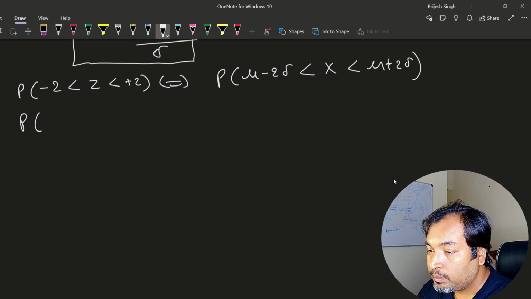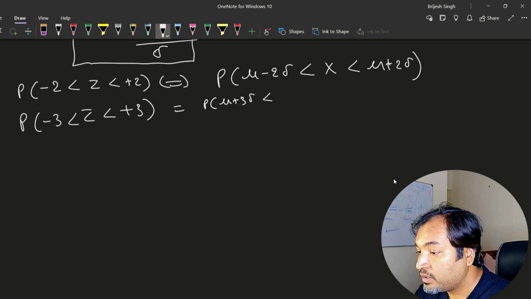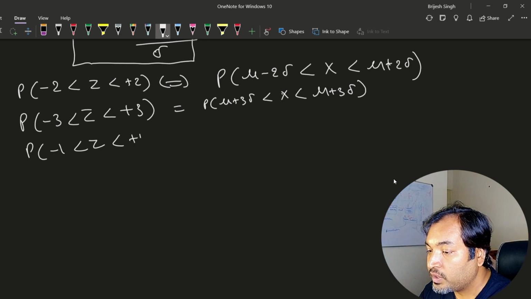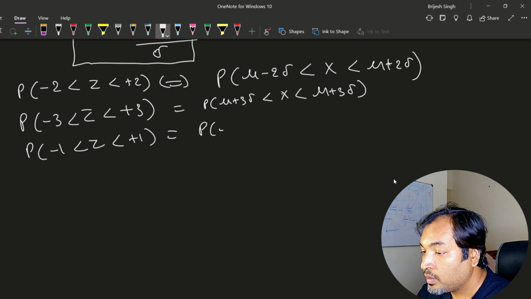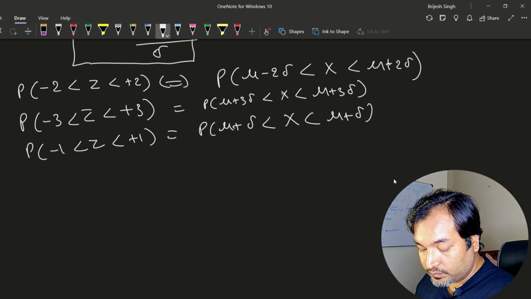Similarly, for p of minus 3 < z < plus 3, we will get p of mu minus 3 eta < x < mu plus 3 eta, right? Similarly, for p of -1 < z < plus 1, mu minus eta < x < mu plus eta, right?